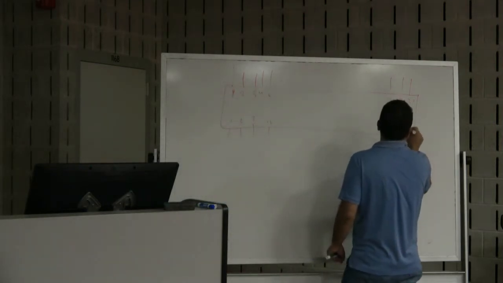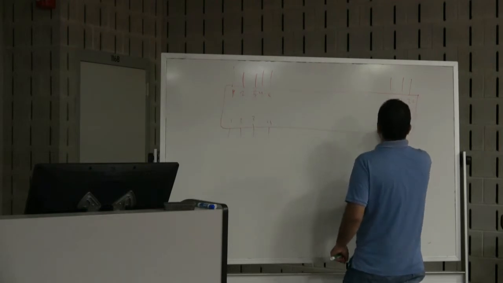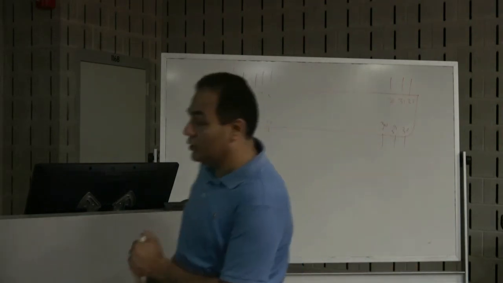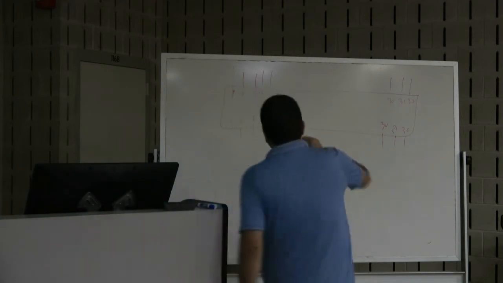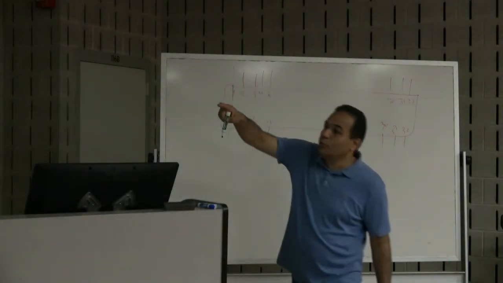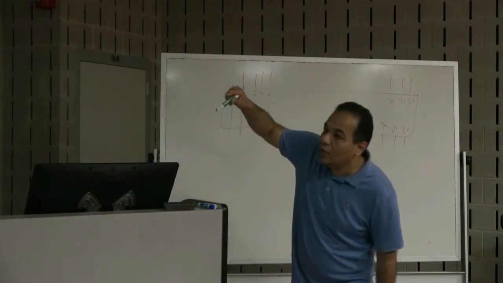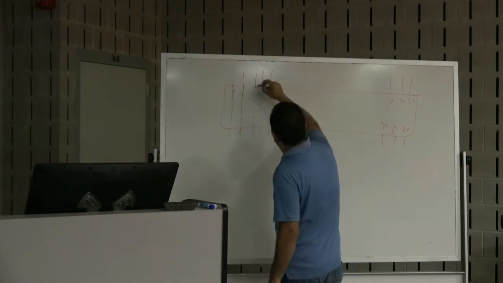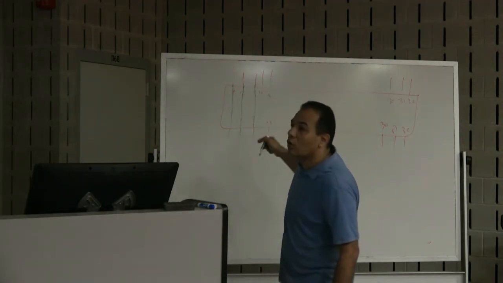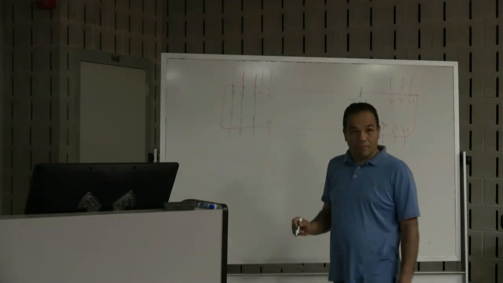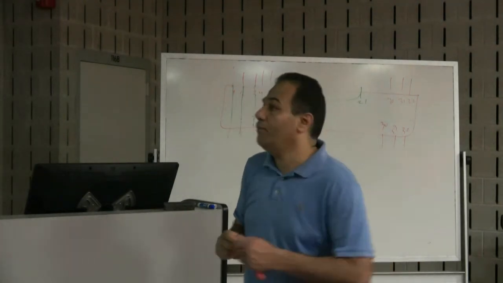If I need to draw this, output 1 is coming from input 1, so I draw 1 connected to 1. Output 2 comes from 2. Output 3 from 3. Output 4 from 21, so somewhere in here we have 21, and I have to connect it like that, right?